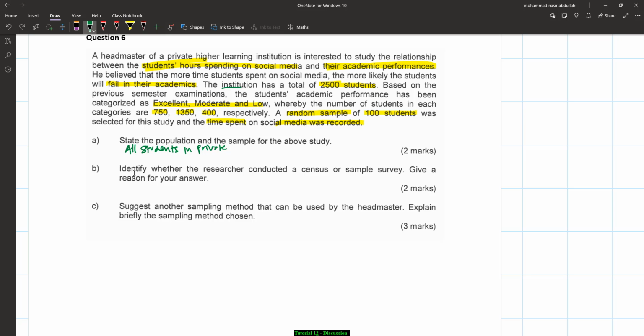The institution has 2,500, so the population is all students in the private higher learning institution. The sample will be 100 students from the private higher learning institution. So this is 2 marks, very simple.